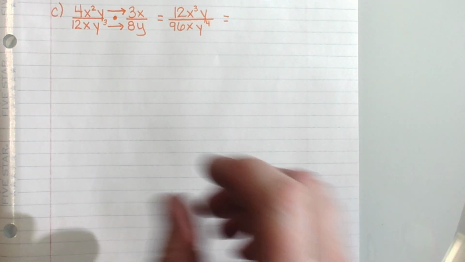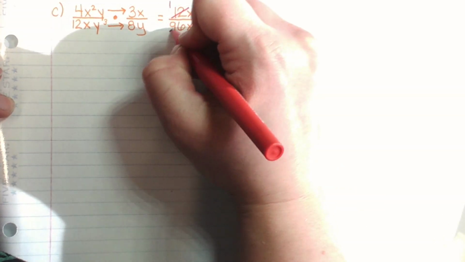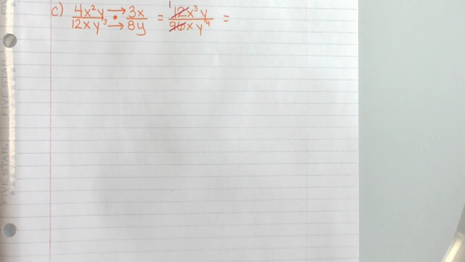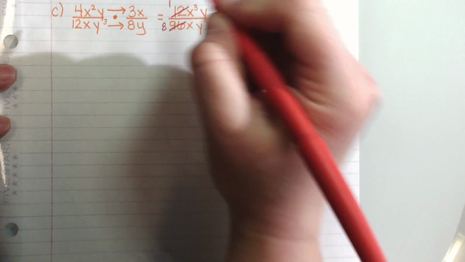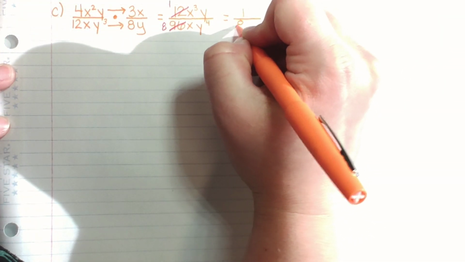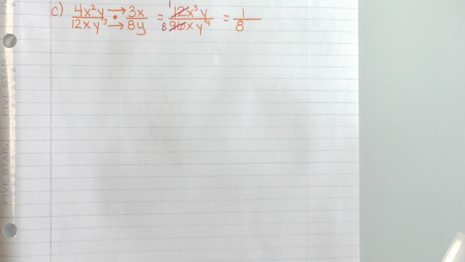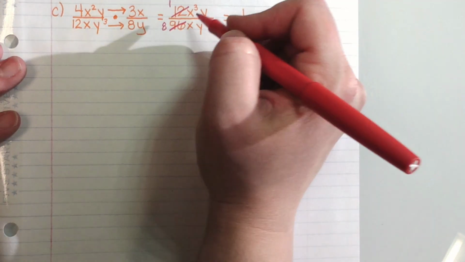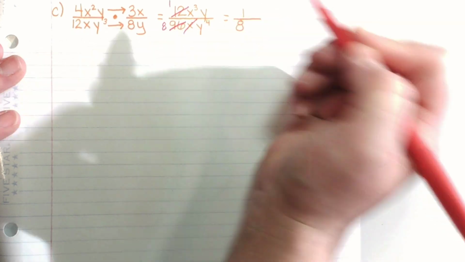Okay, divide them both by 12. On top, I'm left with 1. On bottom, I'm left with what? 8. So I get 1 on top, 8 on bottom. X cubed over x. I can pull an x off of both of them. That one disappears.